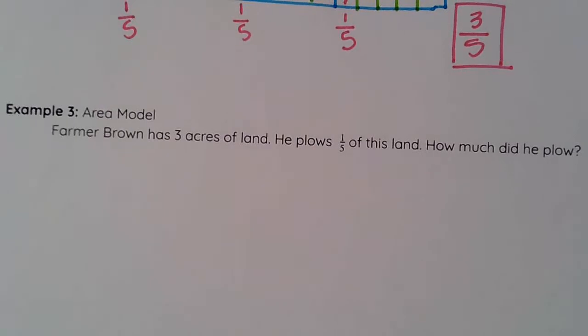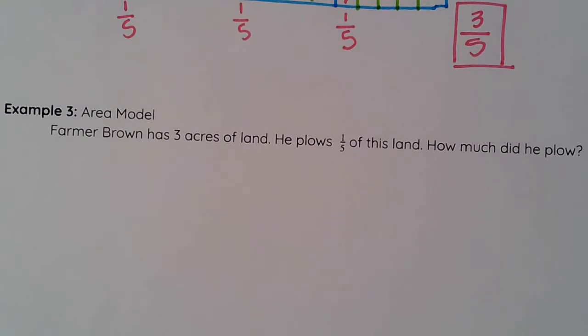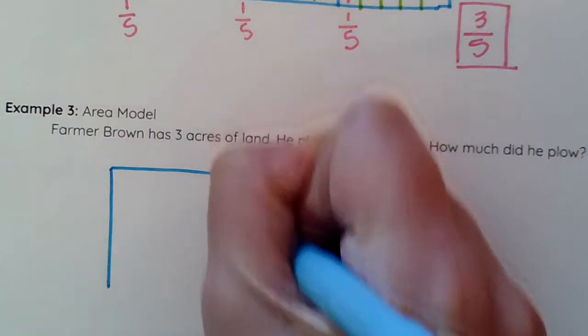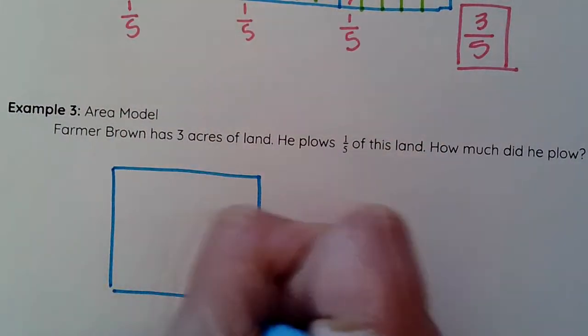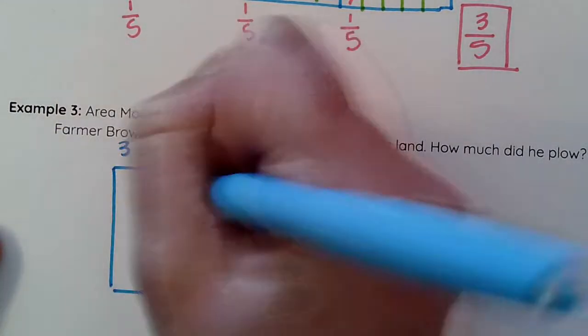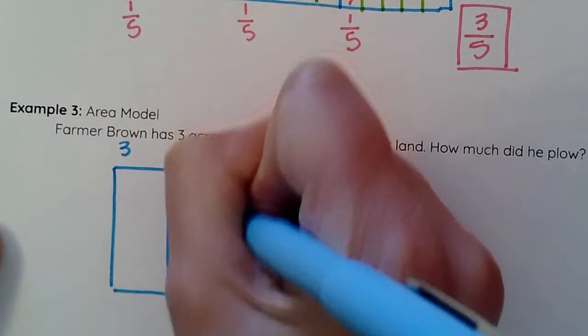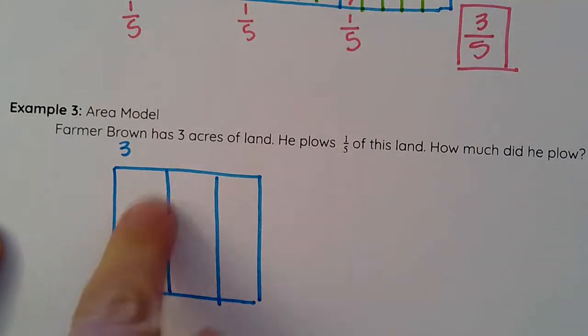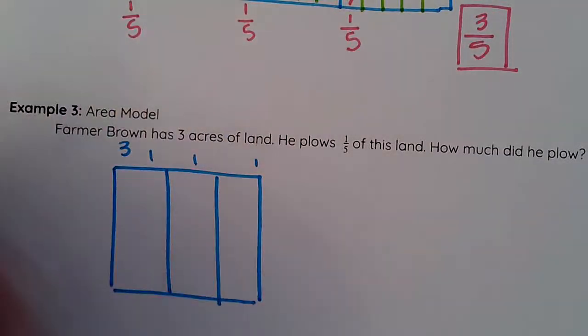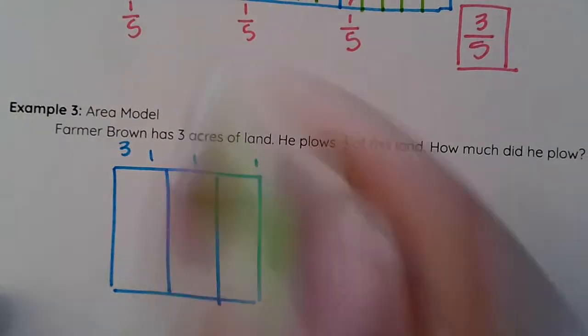All right, let's look down here at the area model. Again, this is a different way to think about how we would multiply that. So this time we would draw an area model. If we multiply 3, those are 3 acres, 1 acre, 2 acre, 3 acre, and then we multiply that by 1/5.